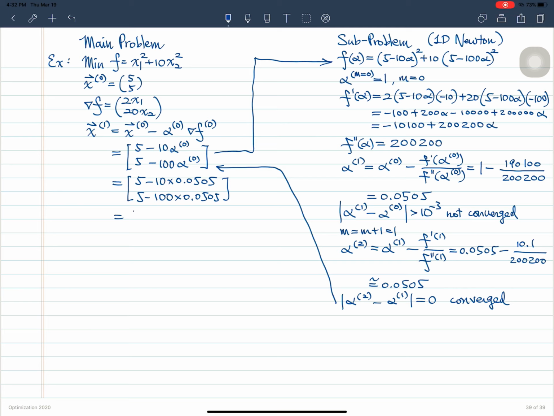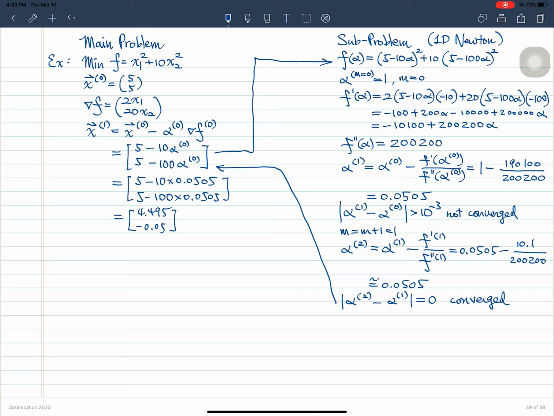So I should have 4.495. So I have negative 0.05. Yeah. Okay. So my previous alpha, I need more digits, otherwise it's not accurate enough.